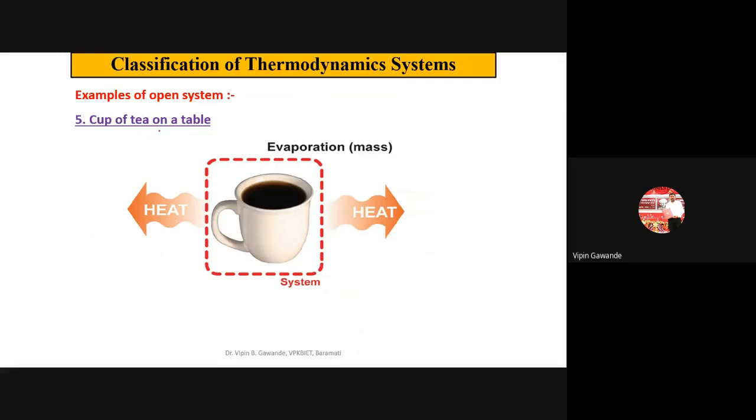Now, the last example of the open system is the cup of tea on the table. This is a familiar example. If you put the cup of tea on the table, what will happen? There is a release of energy, and in this case you will see there is a removal of mass in the form of evaporation. So there is an exchange of mass and an exchange of energy also.